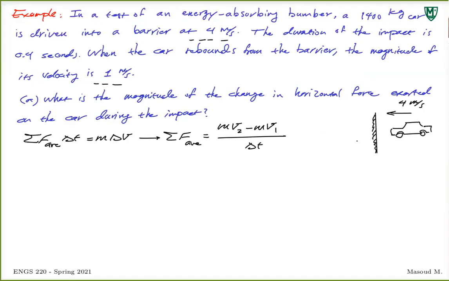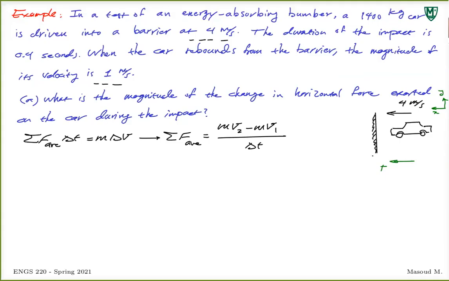All right. Let's take this as positive, or we can think about this as x and y. That means when the car is about to hit the barrier, the velocity is 4 meters per second and is positive. And when it bounces back, it's negative.